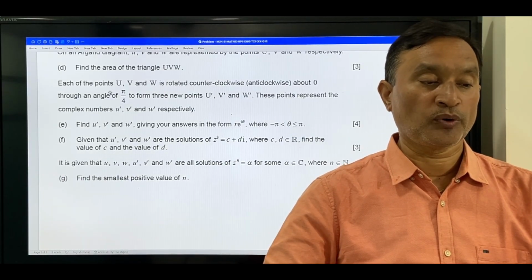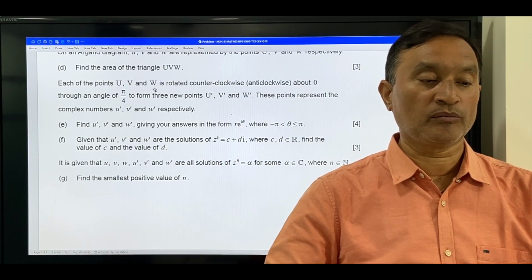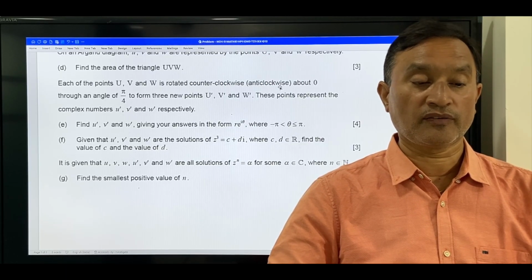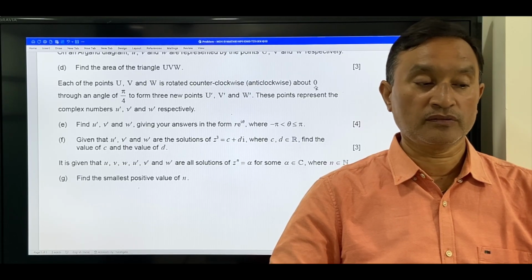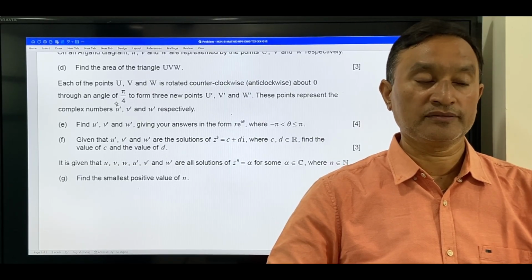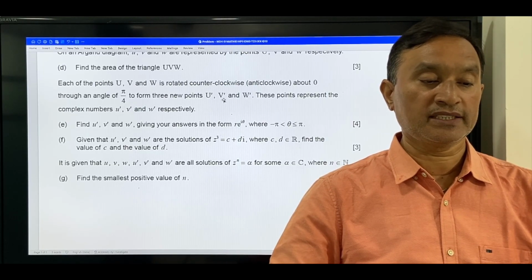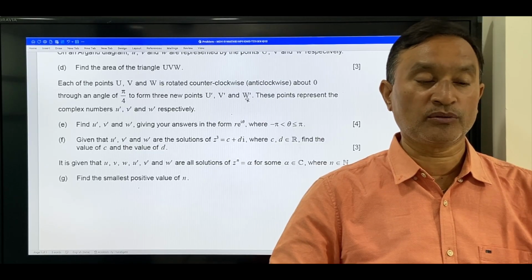Each of the points U, V and W is rotated counterclockwise, anti-clockwise, about 0 through an angle of pi by 4 to form 3 new points U dash, V dash and W dash.